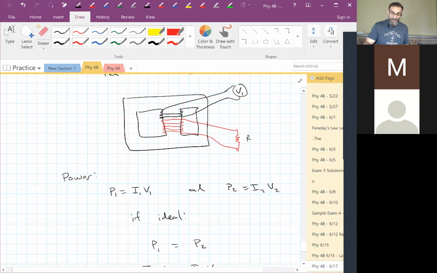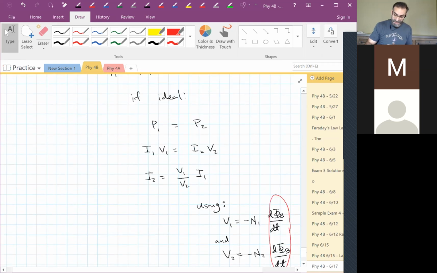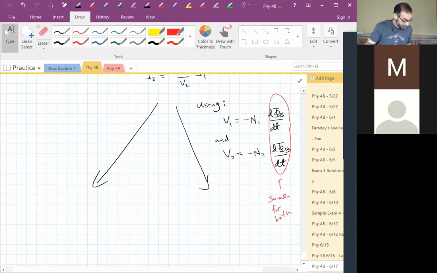And if we have really good coupling and all the magnetic flux generated by coil 1 goes through coil 2, which we have to have for an ideal transformer, then the rate of change of flux in coil 1 has to equal the rate of change of flux in coil 2. Does that make sense? Those have to be the same. So the voltage is going to be proportional to the number of turns. So what we end up with here is that V2 is N2 over N1 times V1.